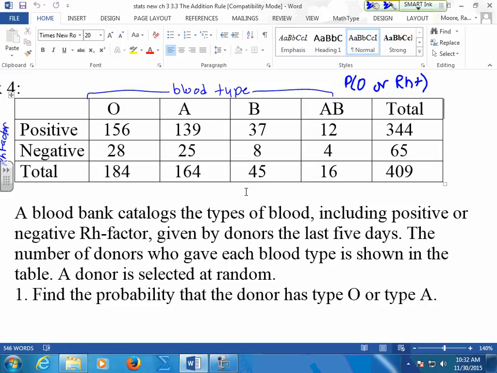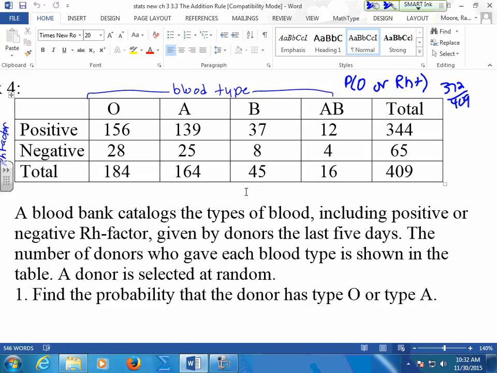David? Sarah? Everything calculated? Okay. 372 over 409. Everybody get that? Anybody get 528 over 409? Because 528 over 409 is greater than 1, right?